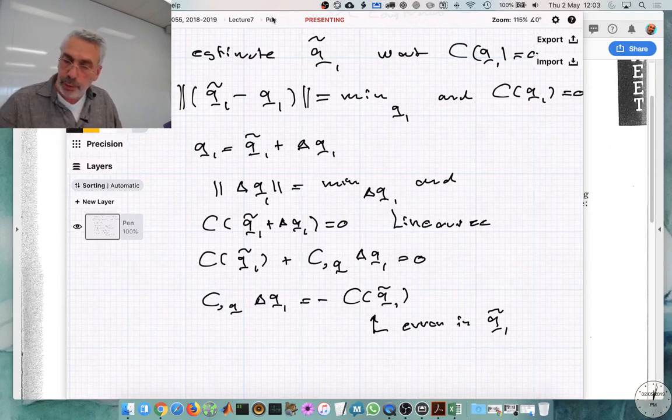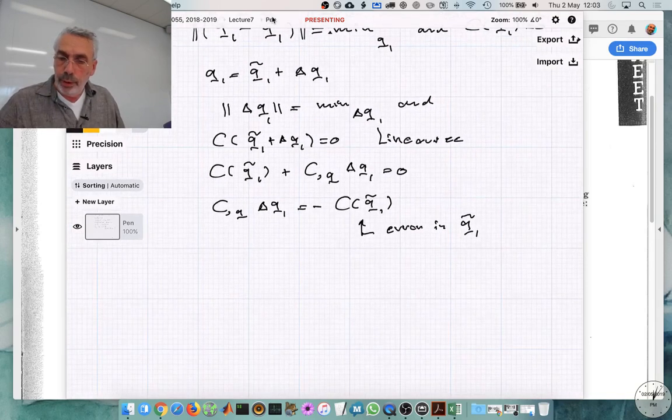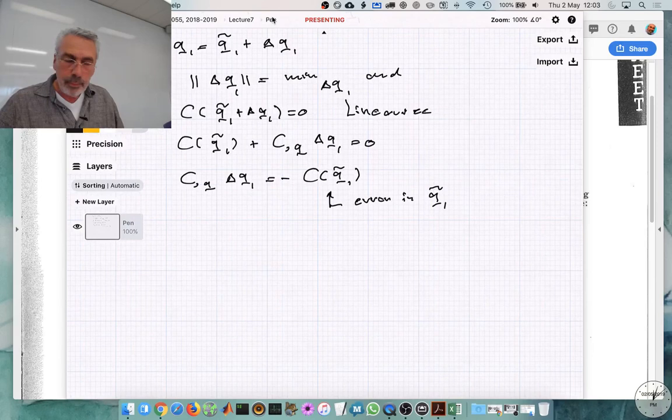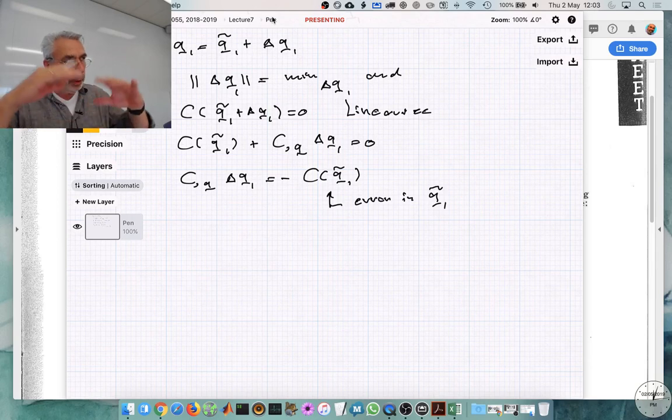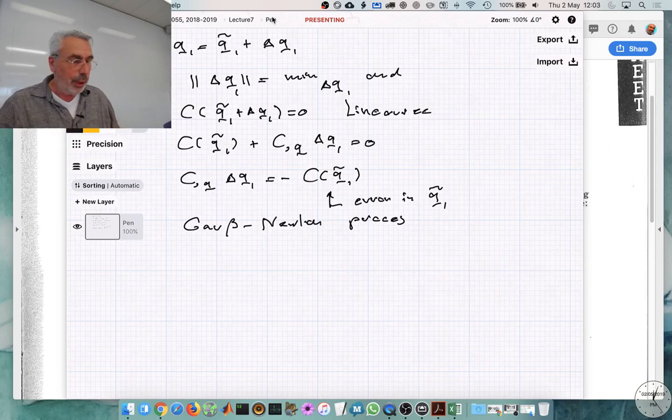So this is your minimization problem with a linear constraint. And the name which goes by this is we solve it in a Gauss-Newton process. So Gauss is the minimization, and Newton is the linearization. But it's constraint minimization, and then you can write out the whole stuff, or you can read Lanczos.